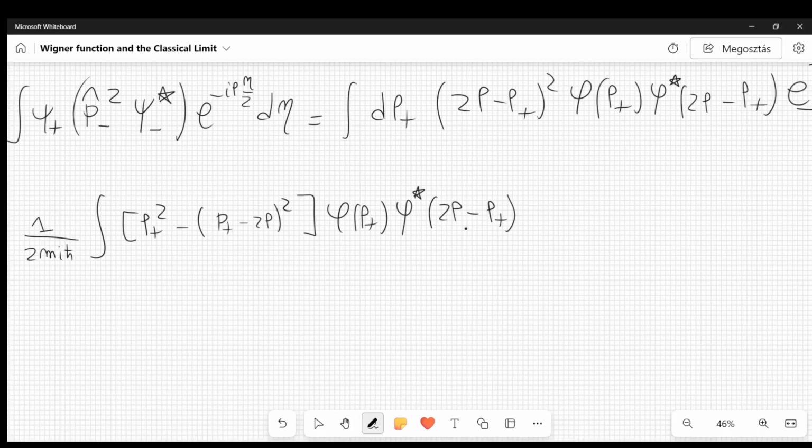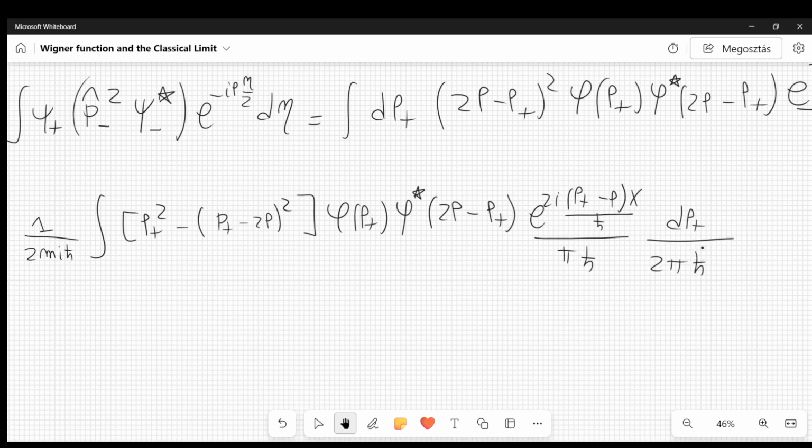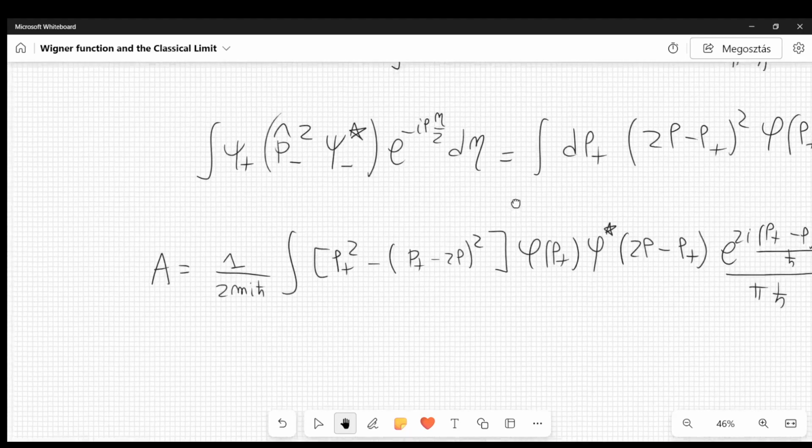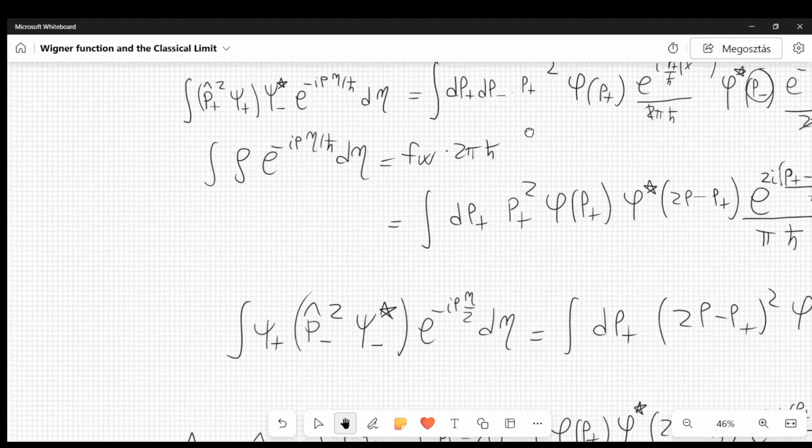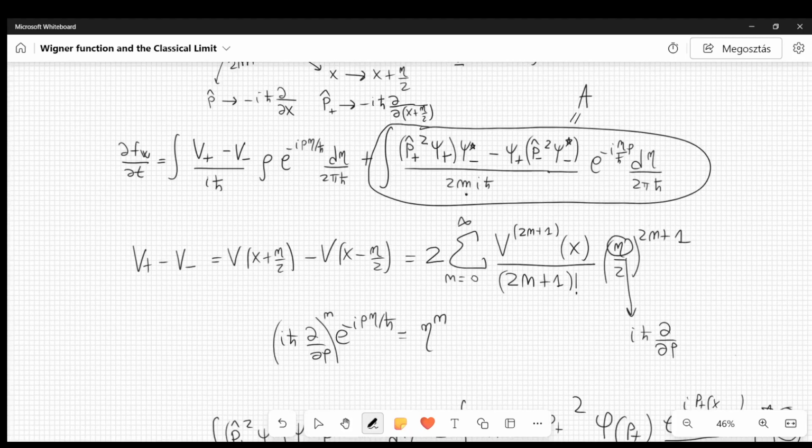And then we also have a factor of e to the 2i p plus minus p x divided by h bar. In here we have to divide by pi h bar, and we have dp plus, and remember that we also have a factor of 2 pi h bar, which is included in this expression here. So we also have that.